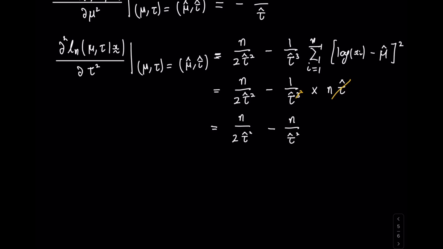And then after a little bit more simplification, we can recognize this as n on 2 tau hat squared minus 2n on 2 tau hat squared, basically finding a common factor between the denominator, which is just 2 tau squared, and then we can recognize that this is negative n on 2 tau squared.